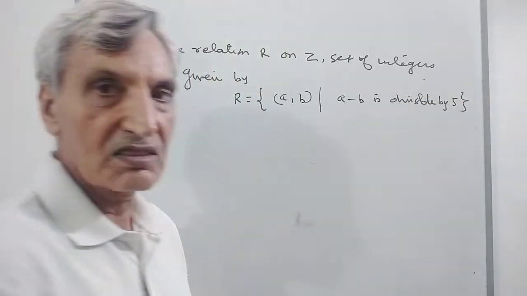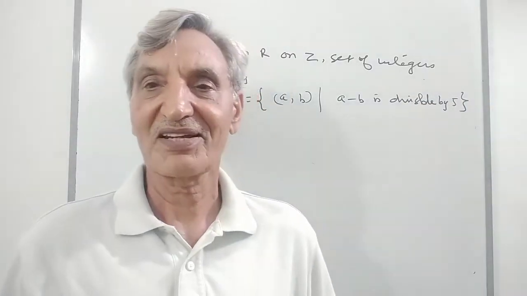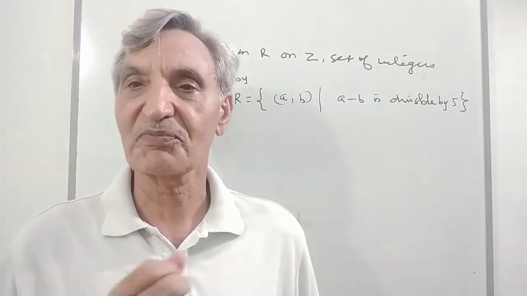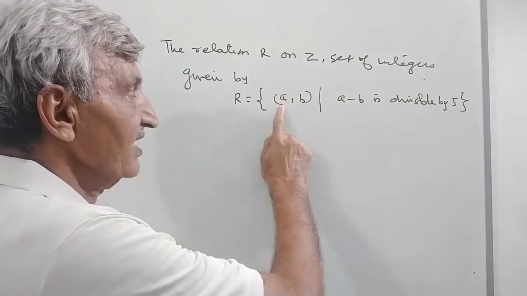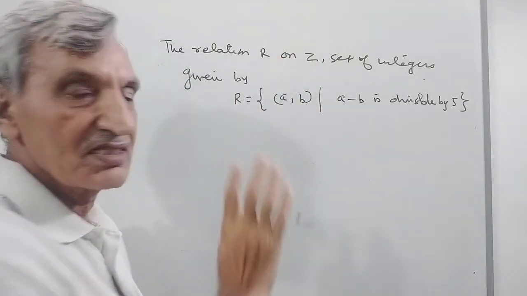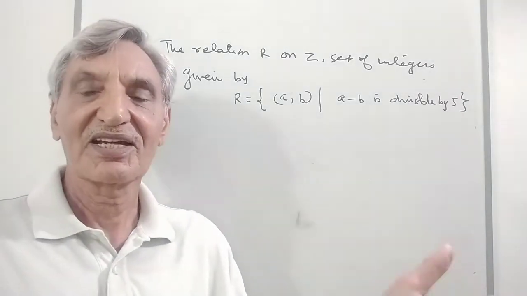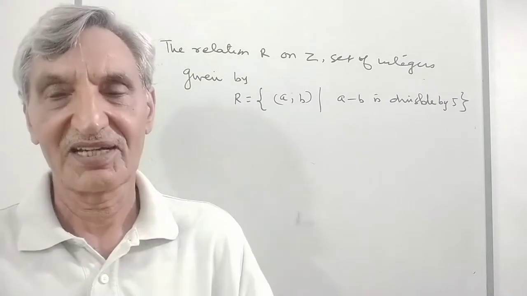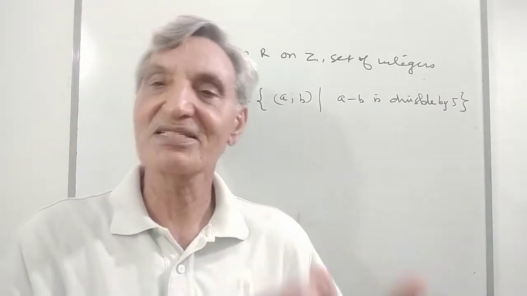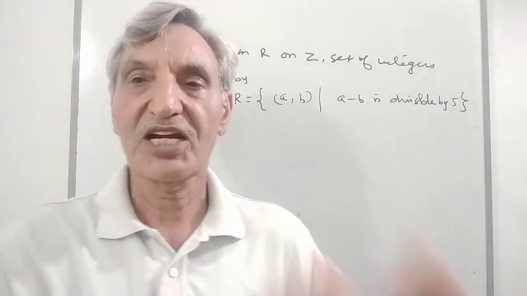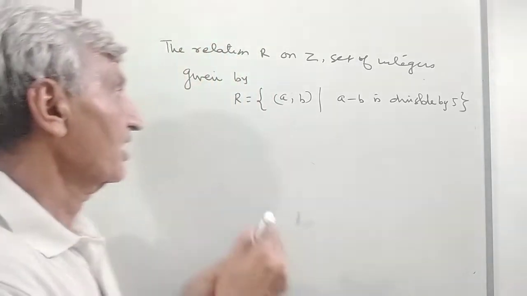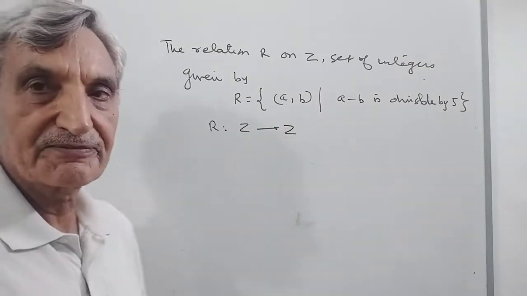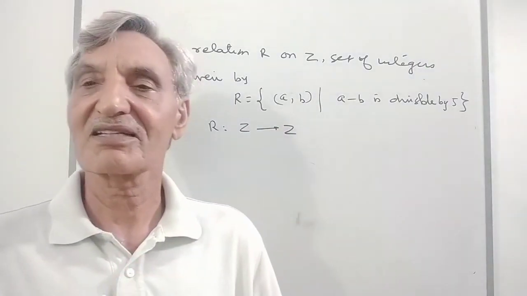This is the relation. I said a relation is a subset of A cross B. Here a is an integer and b is also an integer, so this goes from Z cross Z. Set A is Z and B is also Z, so a relation in Z means Z cross Z, from Z to Z. Both the sets are the same.